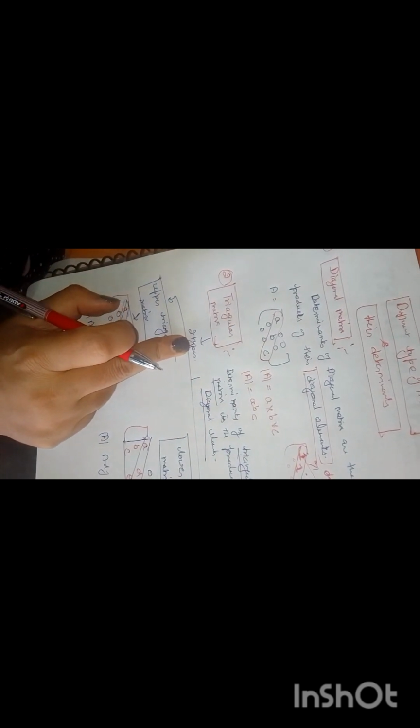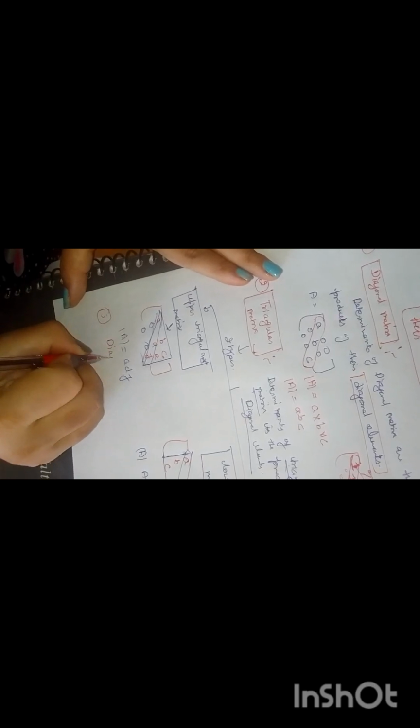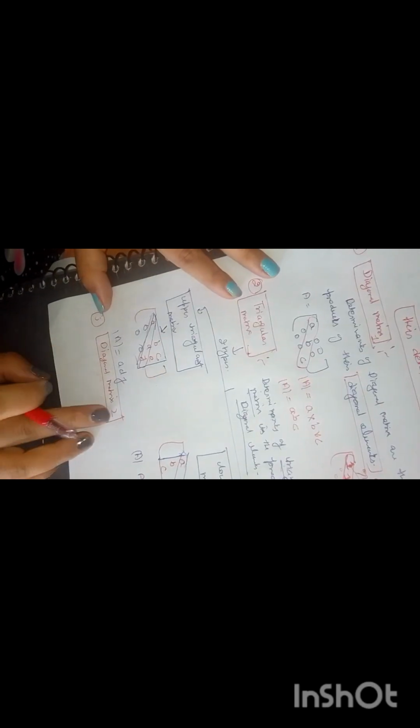Now comes the third type of matrix. What is the third type of matrix? This is also called diagonal matrix 2. Why did I not change the paper here? Because the diagonal matrix is the same: diagonal matrix 1, here diagonal matrix 2.